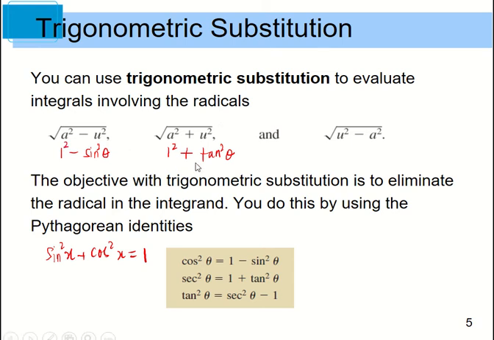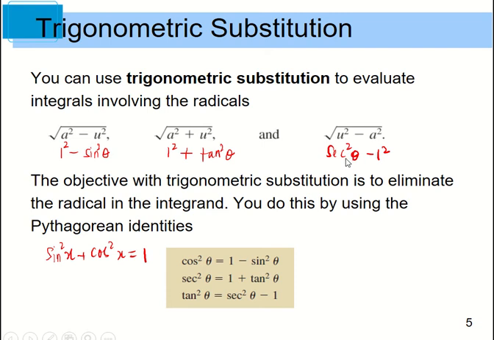And the third one is secant square theta minus 1 square. So when we have a radical in this form, we can use secant square theta minus 1 to substitute. Our objective is to eliminate the square root, the radical, in the integrand.